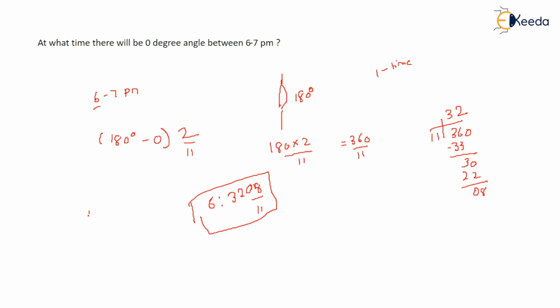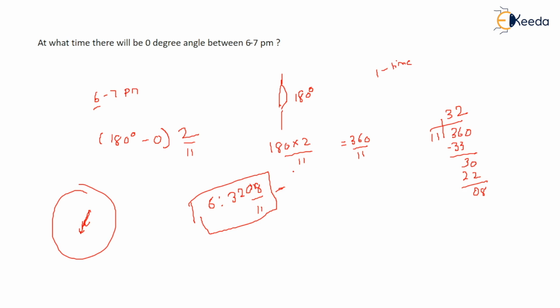Means at 6:32 they will be overlapping somewhere. So 6 hours 32 minutes and 8 by 11 seconds, you can write in this form, is the time when both will make 0 degree angle.